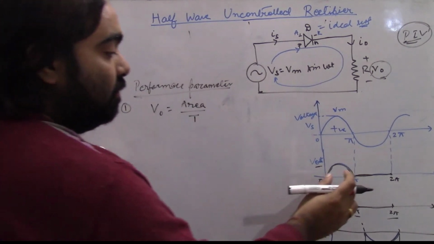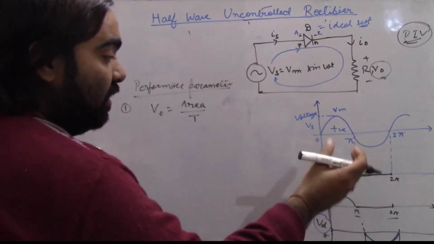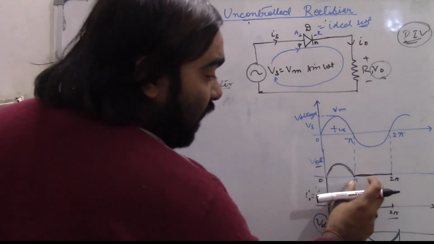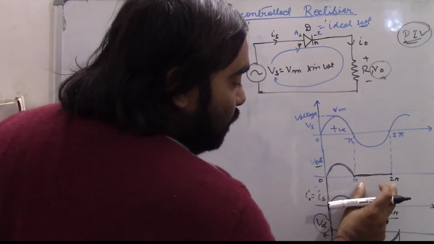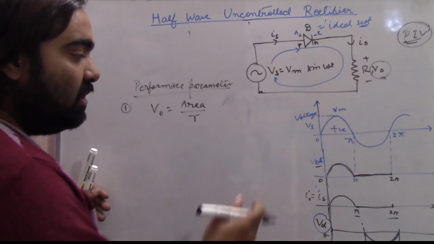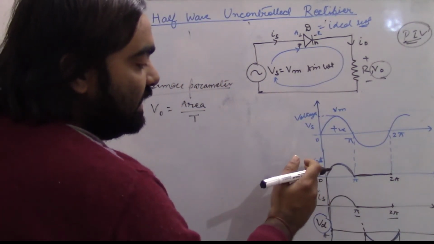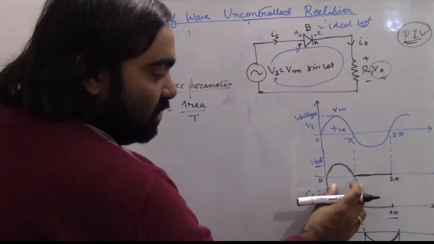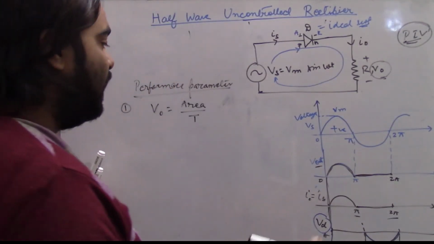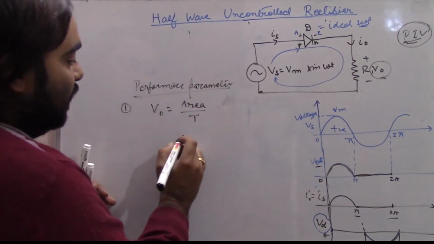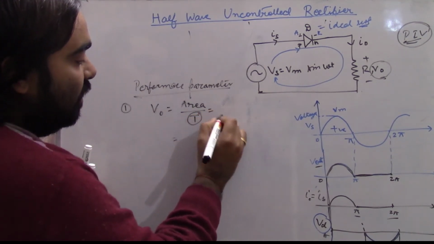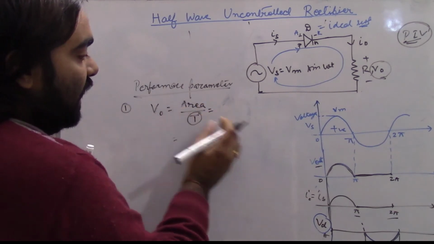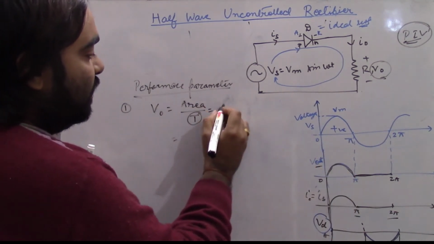In this output voltage we are not getting a pulse for pi to 2 pi, and this circuit is also known as single pulse because we get the output only for a single pulse from 0 to pi. What do you mean by area? Area means integration. We will calculate the value of this by using integration.